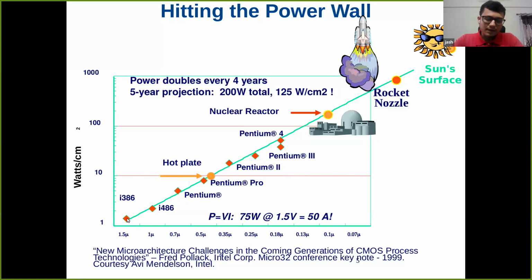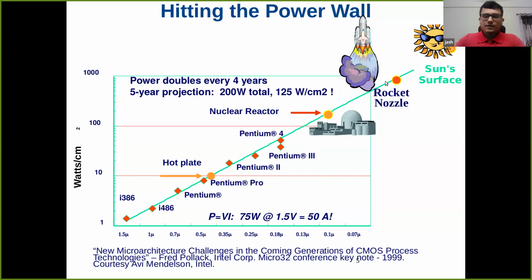The heat dissipated increases from the I386, the I486, and so on till Pentium. This is the extrapolation of the chart. It shows that if we keep increasing the clock frequency, it would eventually reach the heat dissipated by a nuclear reactor, and if we keep going further, the heat released from a rocket nozzle, and so on till the heat on the sun's surface.